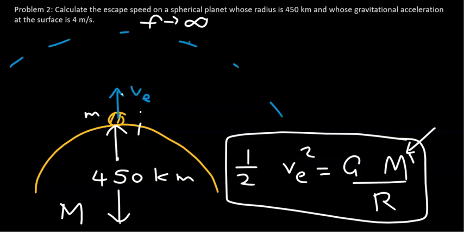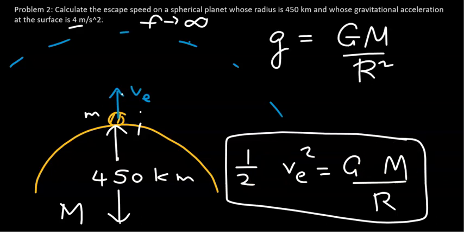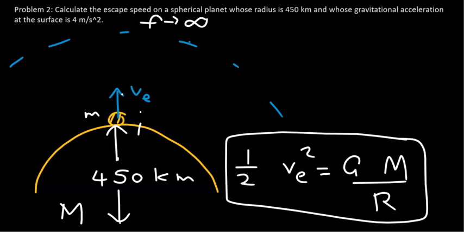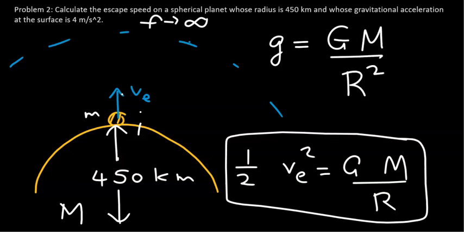However, we do not know the mass of the planet, but we do know that the gravitational acceleration at the surface of the planet is 4 meters per second squared. We also know that the gravitational acceleration at the surface of a planet is given in terms of the mass of the planet and the radius of the planet in the following way: G times the mass of the planet over the square of the radius of the planet.